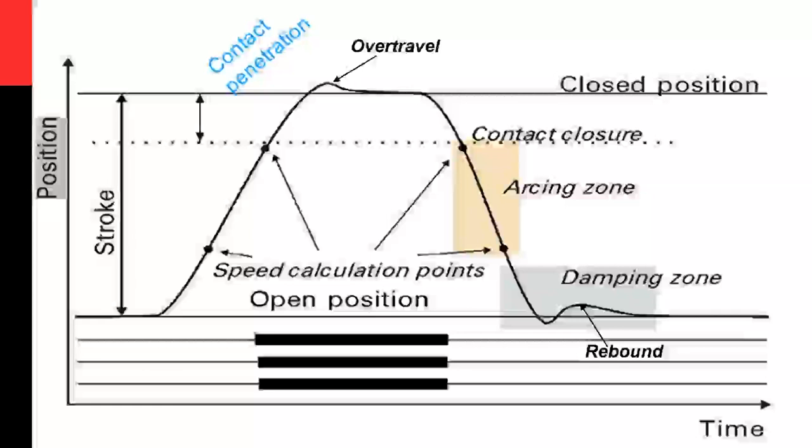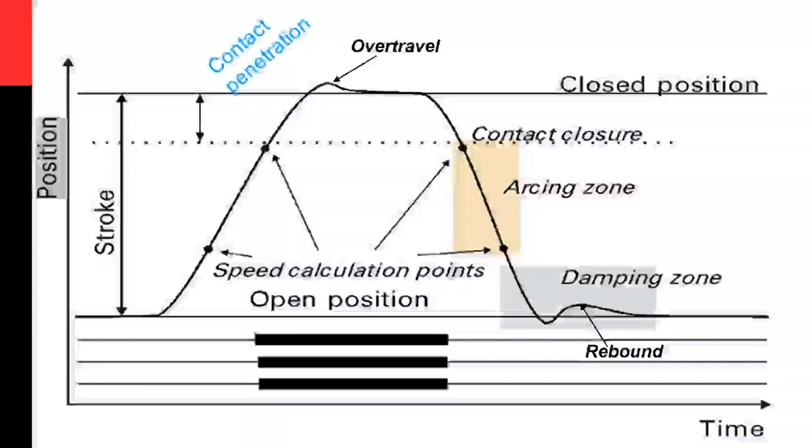If it's a vacuum breaker, really you don't have any contact penetration or wipe, but an oil circuit breaker or SF6 circuit breaker, you'll have these at least maybe like anywhere from 10 to 30 millimeters or more with an oil circuit breaker.